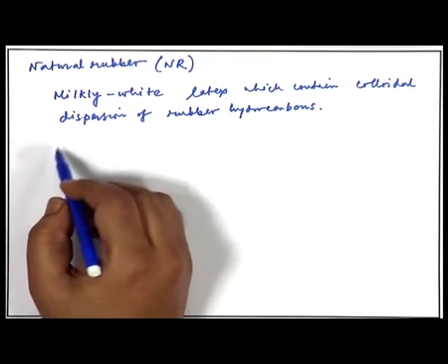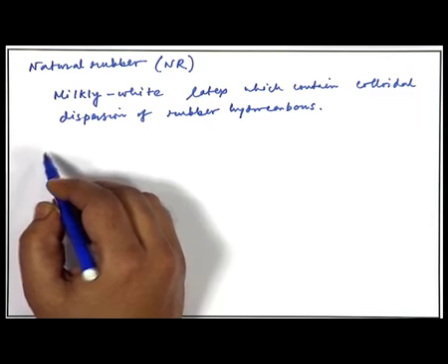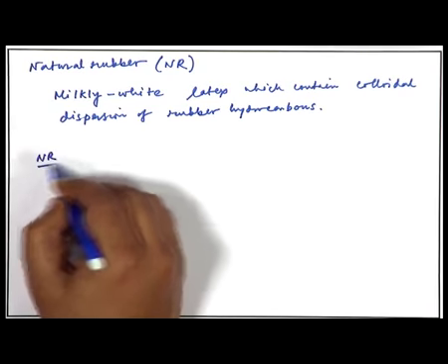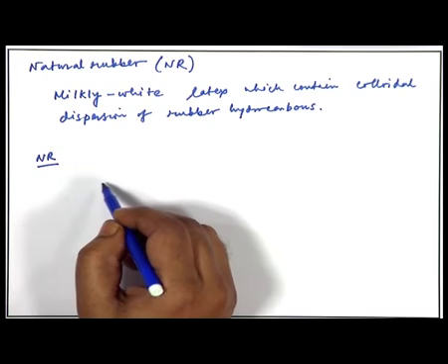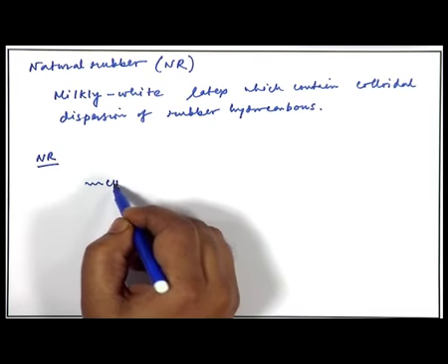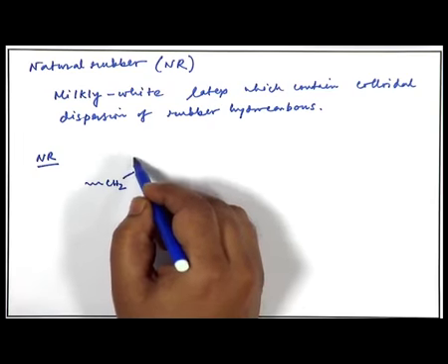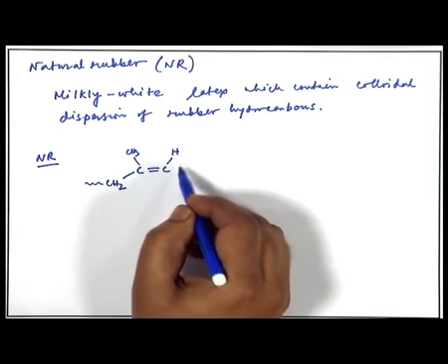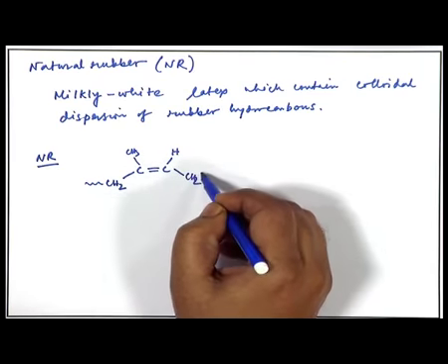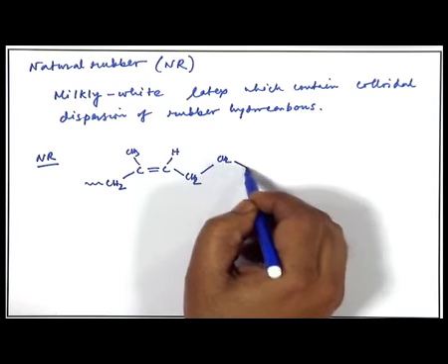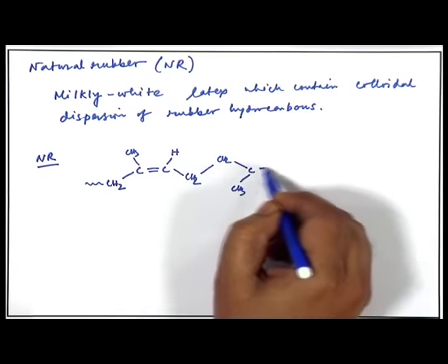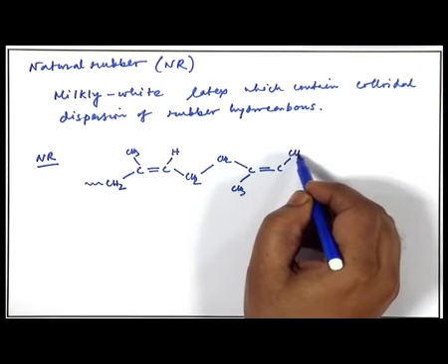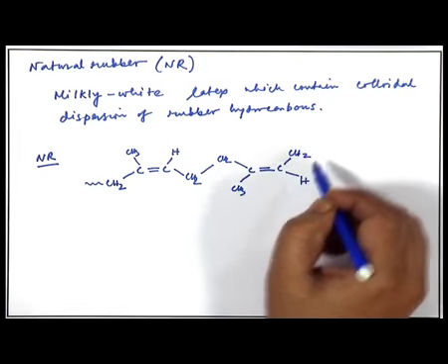And it is basically useful. If you look at the chemical structure of natural rubber, it is like this. This is a natural polymer.